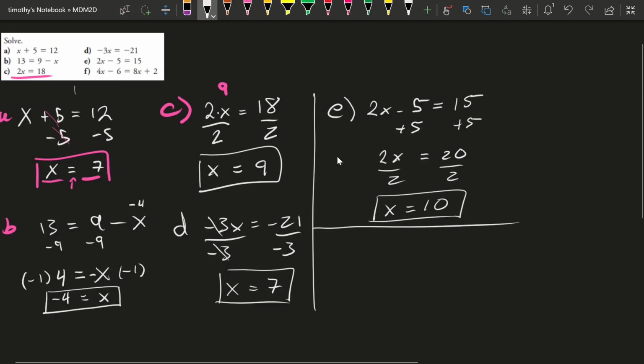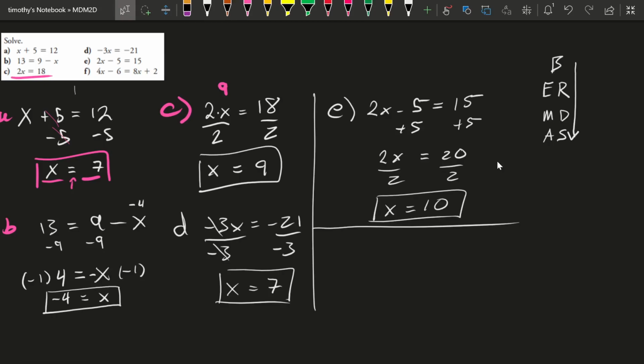Another thing that I oftentimes tell people is you've got brackets, then you've got exponents and roots, then you've got multiplication and division, and you've got addition and subtraction, right? Now, a long time ago, some nice math teacher told you that in order to simplify, you start inside the brackets, and then you do exponents, then you do multiplication and division, and then you do addition and subtraction.